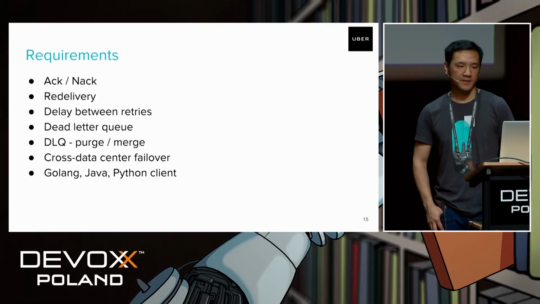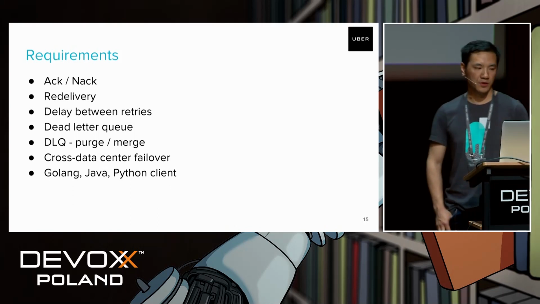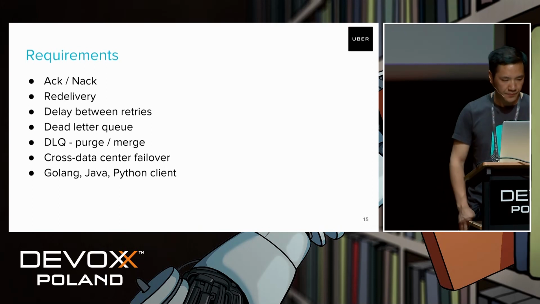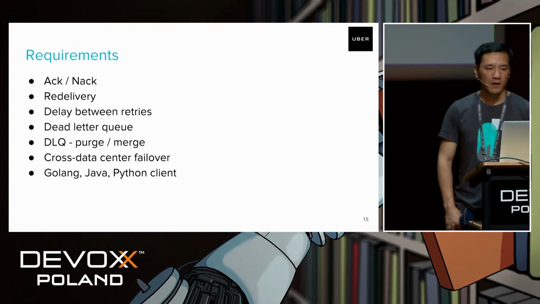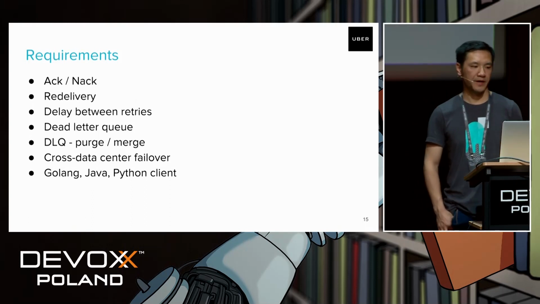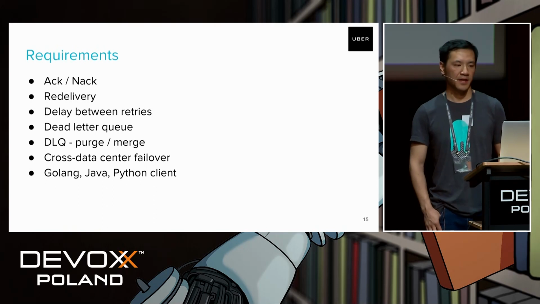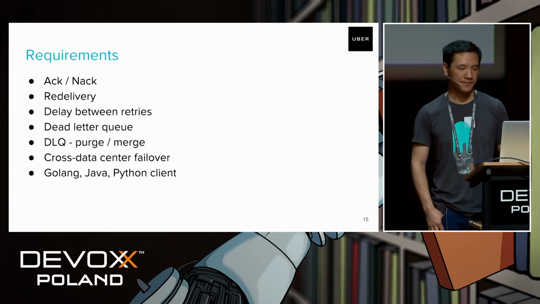So when we build this, there are a bunch of requirements that we need to fulfill. First one is, of course, nack and also redelivery. So when a message is nacked, it needs to be redelivered back to the consumer.